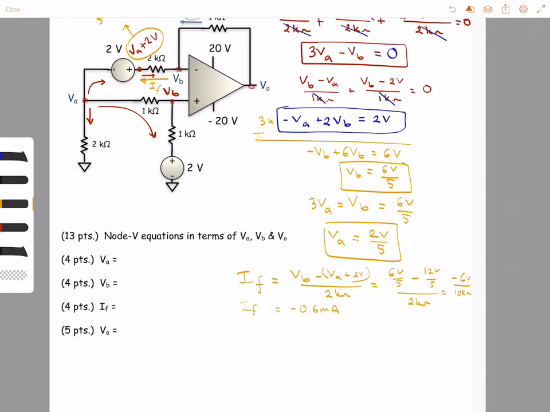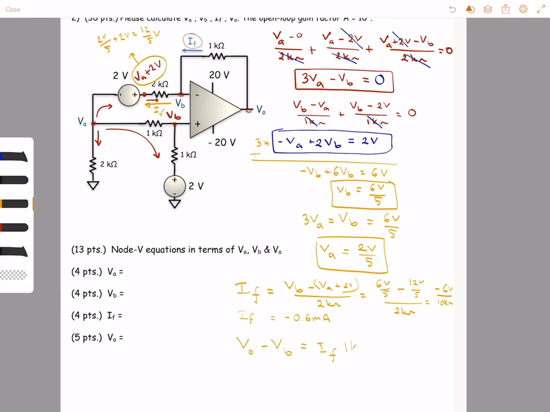If we know the feedback current, then we can also calculate VO, because VO minus VB equals IF times the feedback resistance value, which is 1 kilo ohm. So VO equals minus 0.6 milliamps times 1 kilo ohm plus VB value, which is 6 volts over 5.